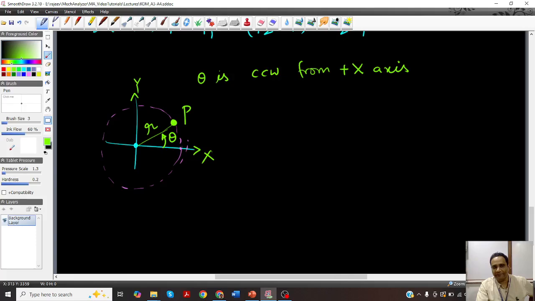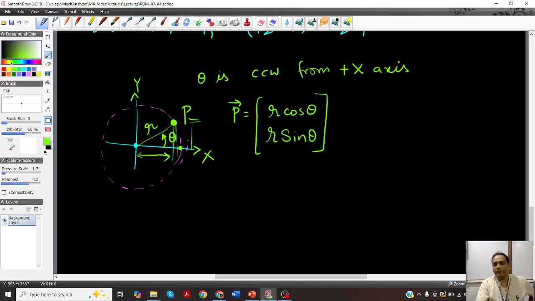If I vary the value of theta from 0 around till 360 degrees or 2 pi, I'll be tracing this circle. So the parametric equation of the circle is P along x direction is r cos theta. I think in one of our earlier videos we have done this. Similarly, along y direction, Py will be r sin theta.